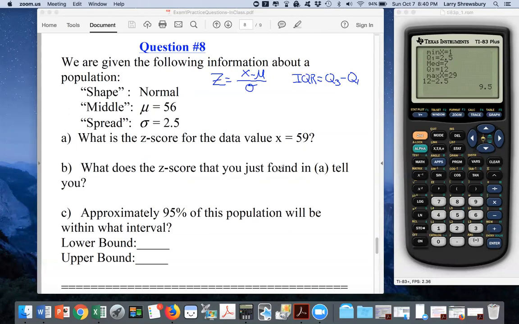In other words, is it within 2 standard deviations and not unusual, or is it more than 2 standard deviations away and it is unusual? And then, of course, with the empirical rule, you just need to calculate 2 of these standard deviations below for the lower bound, 2 standard deviations above for the upper bound.